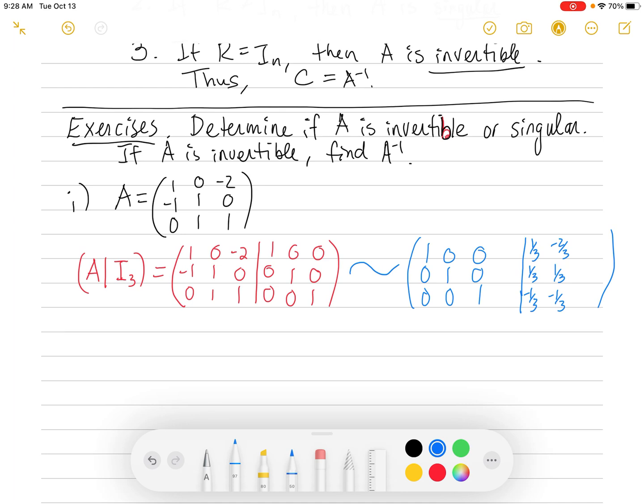The third column, or the last column, actually this is the sixth column, right? 2/3 2/3 1/3. So first of all, is A invertible? Yes, A is invertible, right? This was A right here, and it reduced to the identity right here. So since A reduces to the identity, then A is invertible.